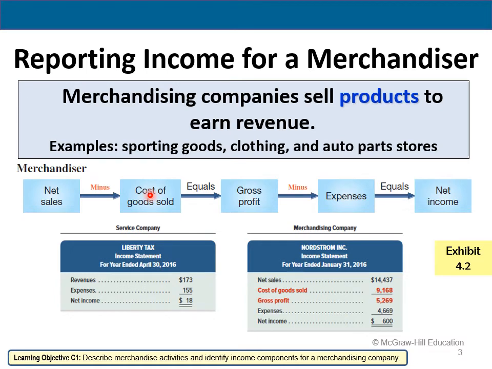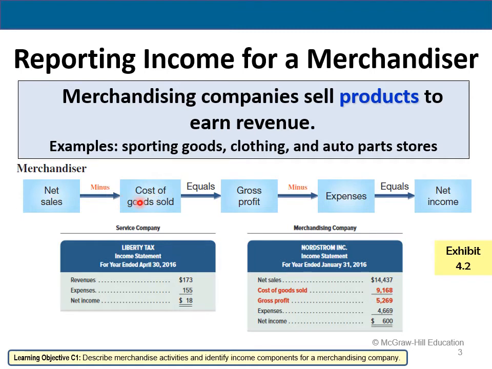Cost of goods sold is technically an expense, but for merchandisers, it's typically the single biggest expense that they'll have, because it's the cost of everything that they sell. If Walmart buys a jar of peanut butter from a manufacturer we'll call Jif, and they pay 50 cents for it, and then they sell it for 75 cents, well, that sale generates 75 cents worth of revenue, and cost of goods sold for that sale would be 50 cents.